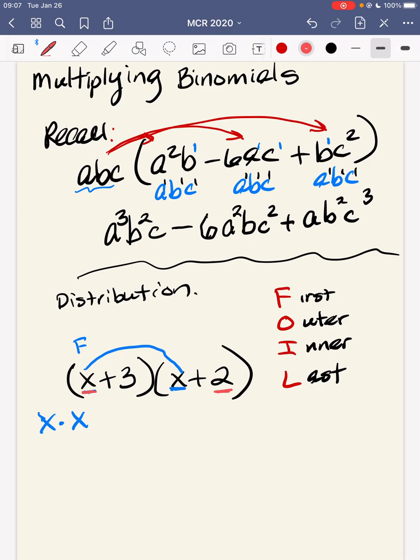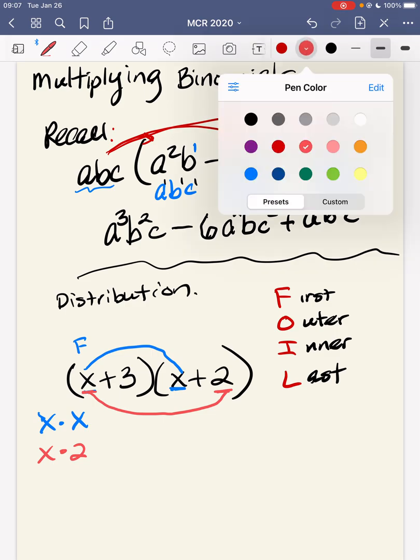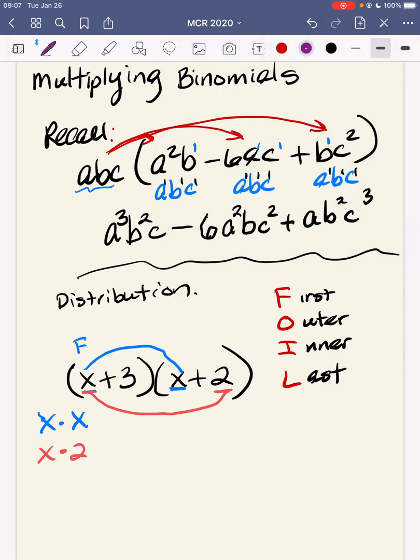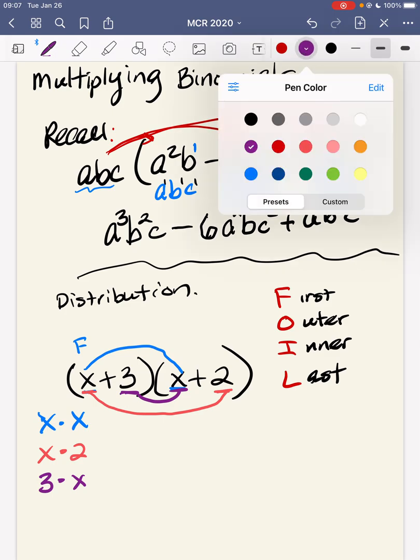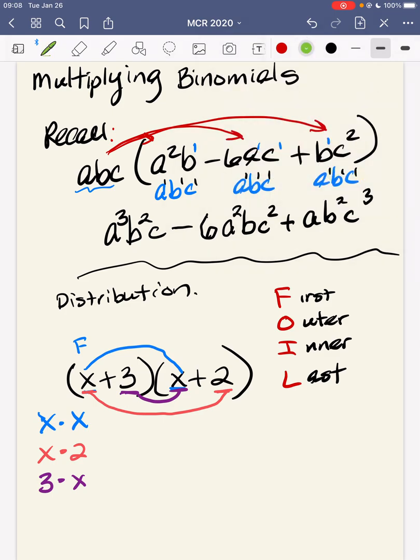So we're going to multiply this X with this 2. Then we're going to go ahead and do the innermost 2. So our innermost 2 are 3 and X. We're going to go ahead and multiply those. Actually, I want to do it down here. So I'm going to have 3 times x. And then our last ones, or our last 2 in each binomial, which is 3 times 2.